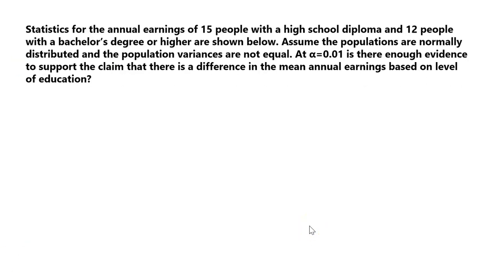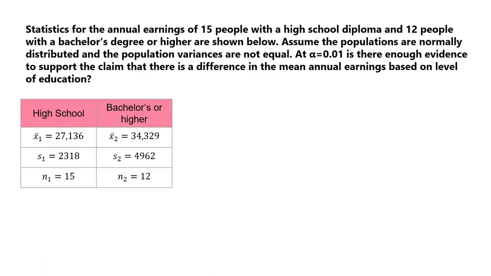Second example that we are going to look at. So we're looking at some statistics for annual earnings, okay, between people who have a high school diploma and people who have a bachelor's or higher. Assume the populations are normally distributed and the population variances are not equal.